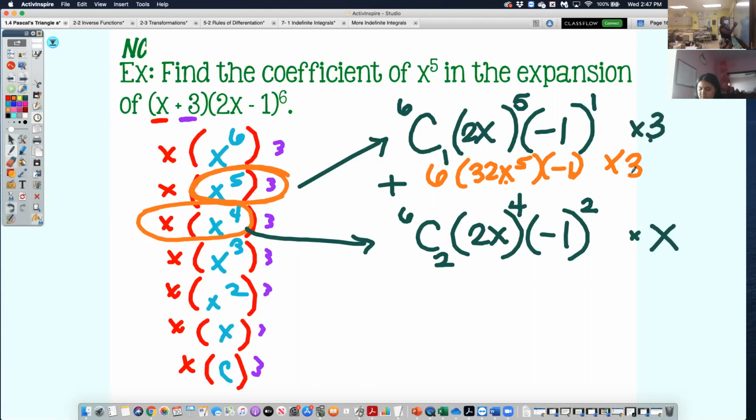Over here, 6 combination 2 is 15. That's going to get multiplied by 2x to the 4th power, which is a 16x to the 4th. That's going to get multiplied by a negative 1 to the 2nd power, which is a positive 1. All that's going to get multiplied by an x once I figure out what that is.